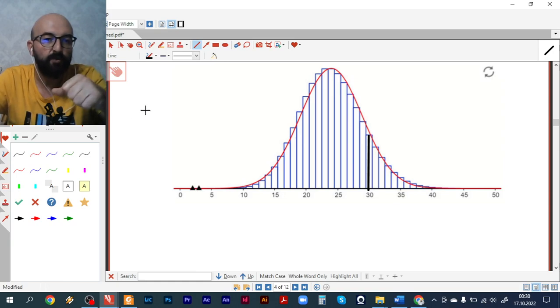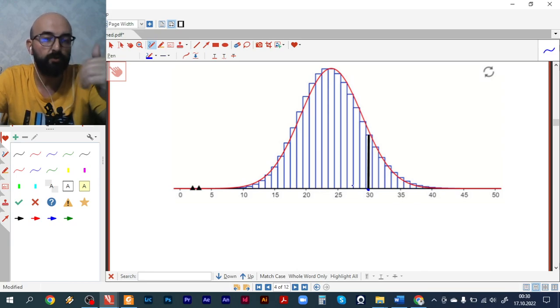If you want to find the probability of only one value, it should be 0, because one point, also 30, has zero area under the curve.